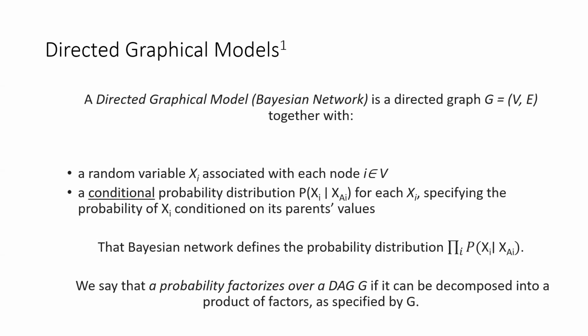And in addition to the graph structure that we'll see, it also has a set of conditional probability distributions, where for every node, we define the probability distribution of this node given its parents.